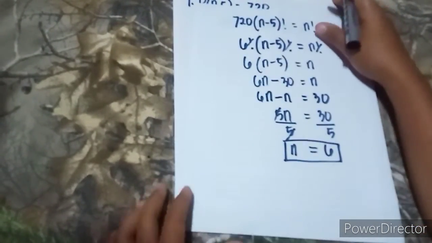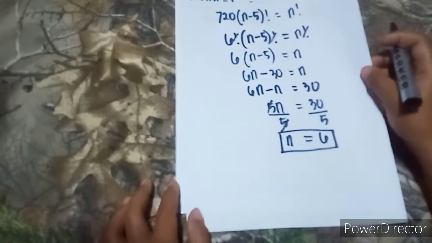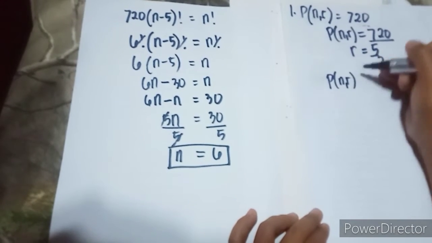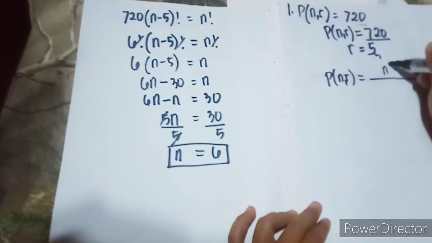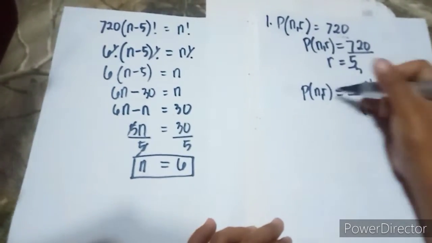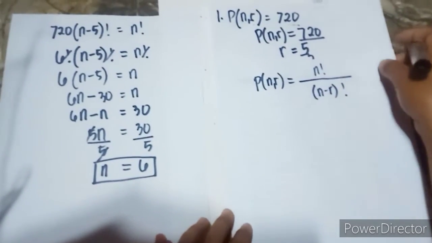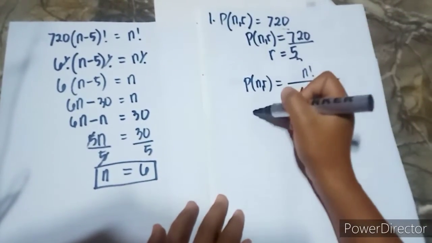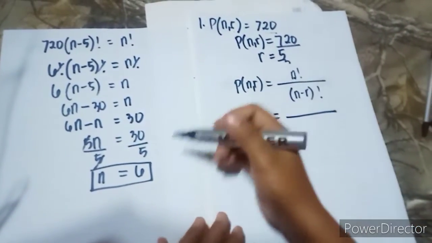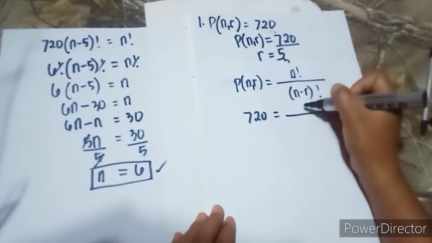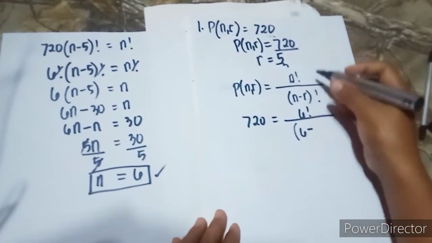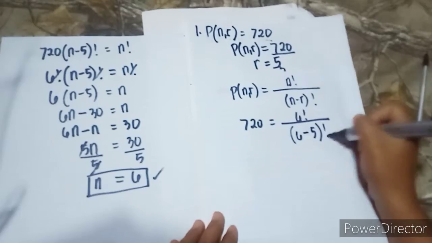So let's check if our derived value for our n is correct. Permutation of n objects taken r at a time is equal to n factorial over n minus r factorial. So the value for our permutation is 720, which is equal to our n. The value of our n is 6, so 6 factorial over 6 minus r, we have 5 factorial.